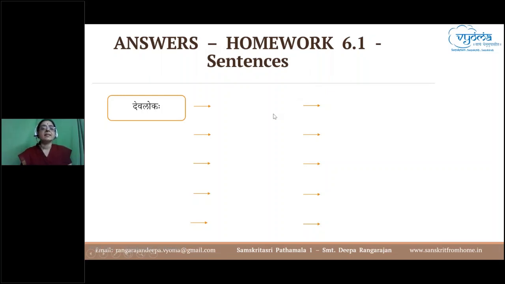The first one is Devalokaha. You have to make a small sentence with this word, with the help of a pronoun, any pronoun that you have learned so far.